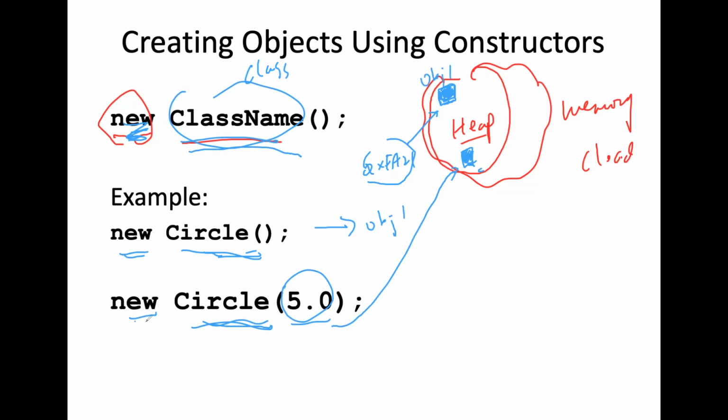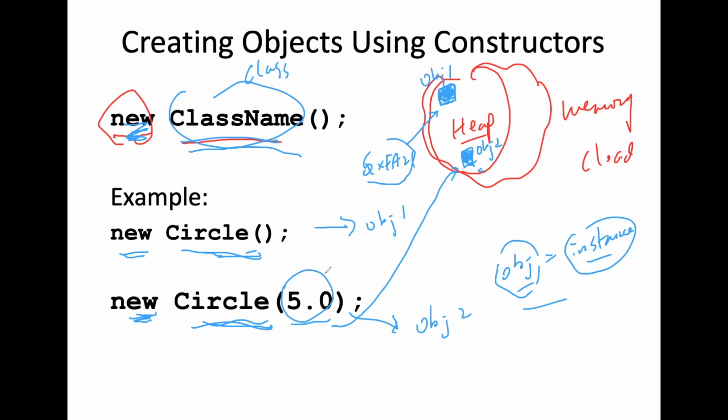The outcome of the second new Circle is object 2, which sits here. They all occupy different memory spaces. But because they're using new, both of these instances, objects 1 and 2, are located in this heap memory. Object and instance in OOP language are synonymous. Both refer to something concrete at runtime that holds memory space that could be used by any software object. Let's look at default constructors next.